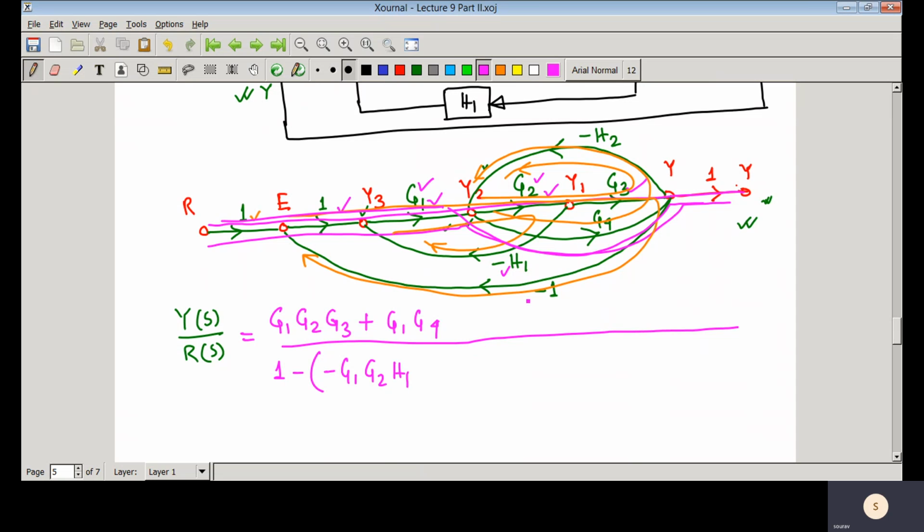The second one is G1, G2, G3, so minus G1, G2, G3. Now there is another loop, this loop. Here you can see G2, G3 minus H2.